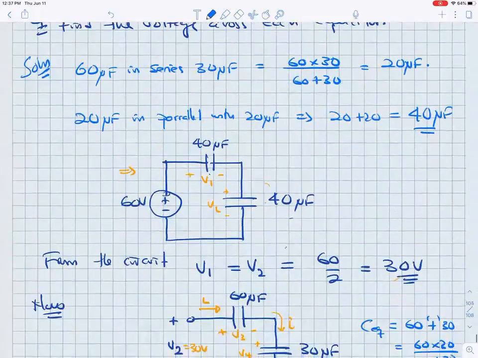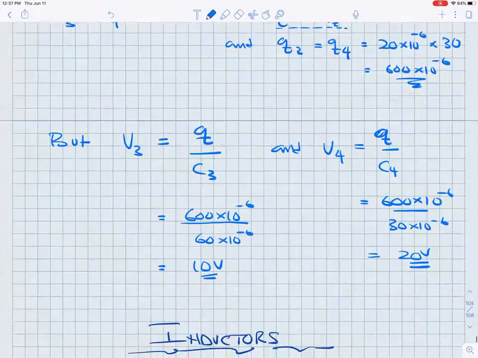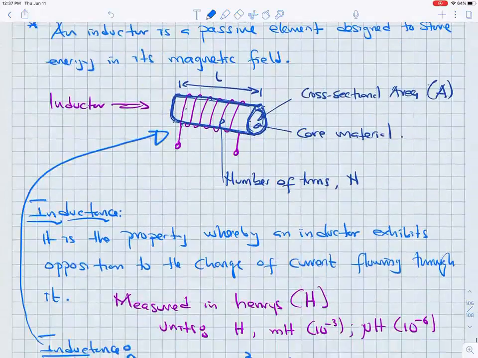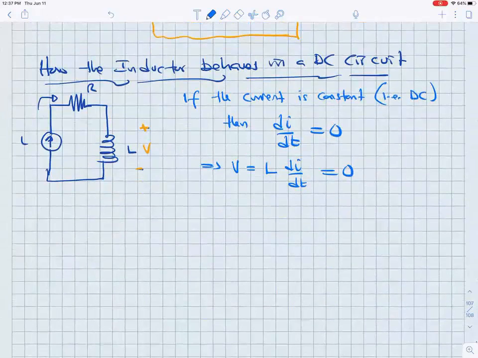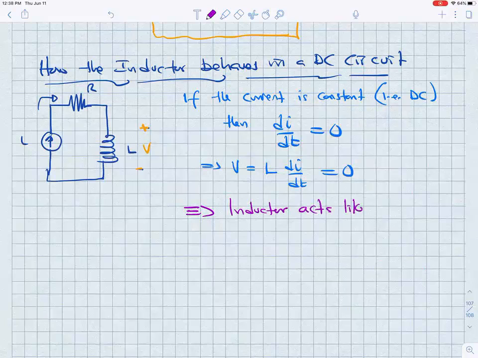Therefore, if the voltage across that inductor is 0 because the current is constant, this implies that the inductor acts like a short circuit. That's basically what it means.